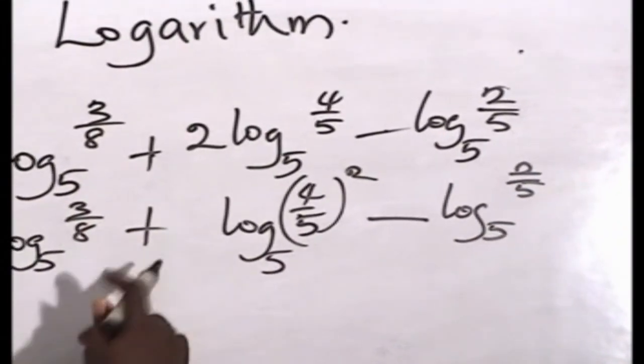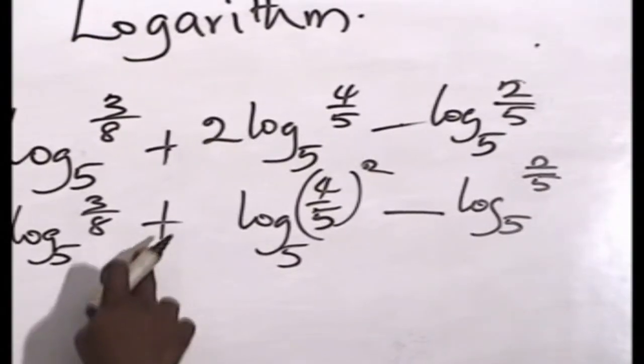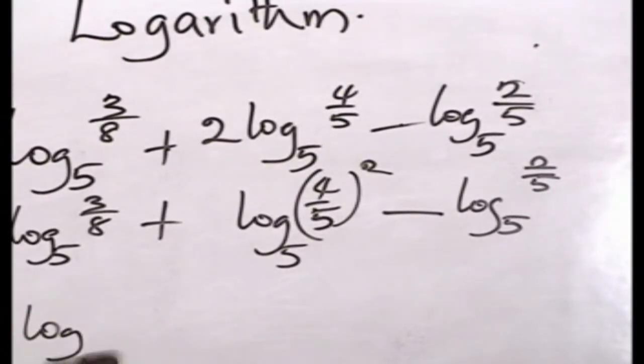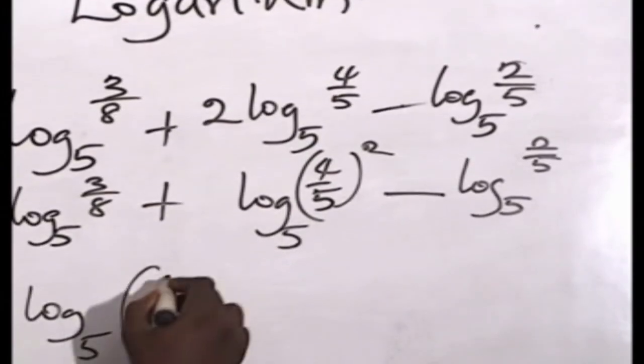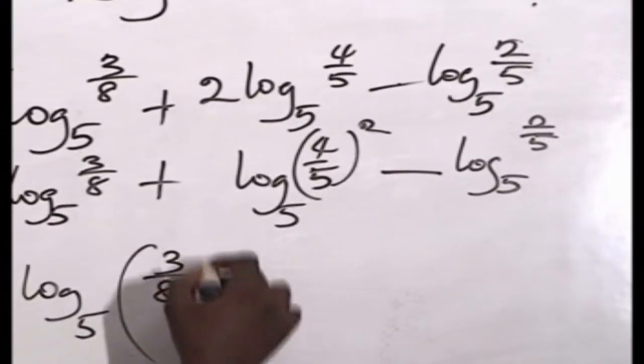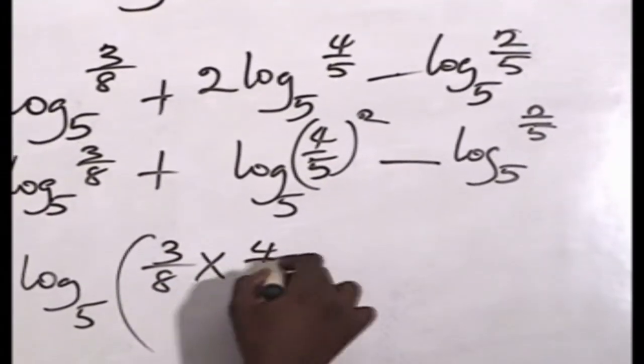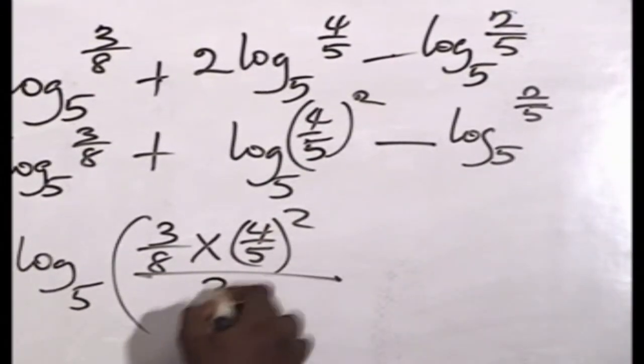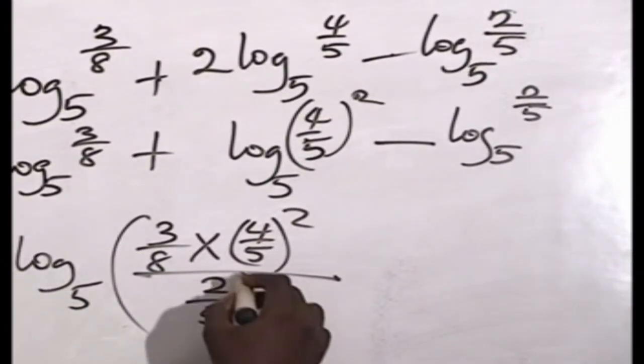Then you apply the law that says when you are adding, you multiply, when you are subtracting, you divide. So we have log 5, open a big bracket, you have 3 over 8 times 4 over 5 squared divided by 2 over 5.